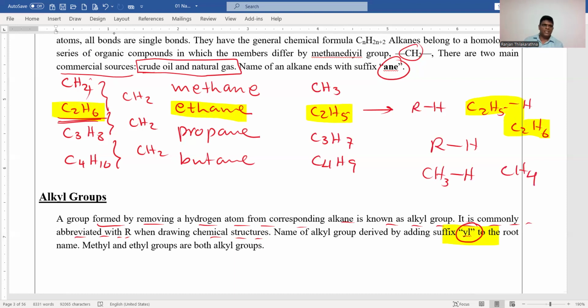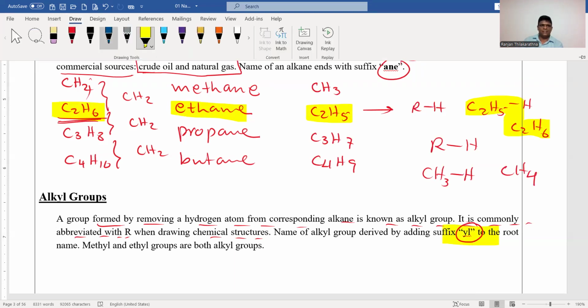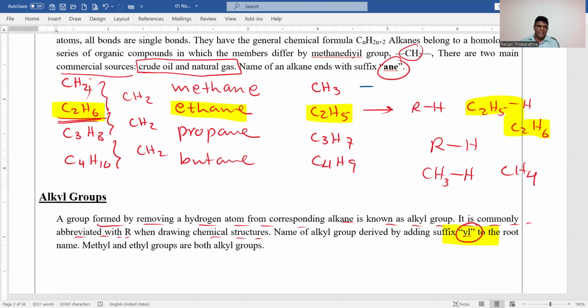Then the names of these alkyl groups can be written. If it is CH3, that is methane. What you do is, we get that meth. Why? The "n" is used to indicate this is an alkane.